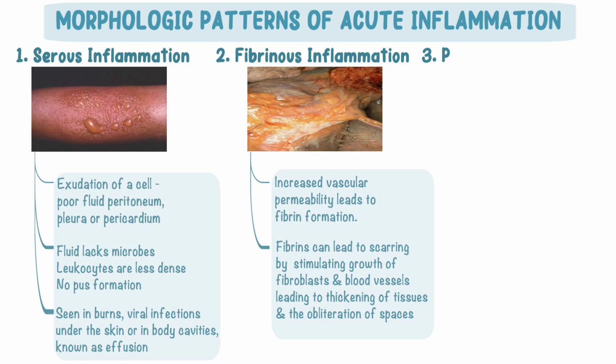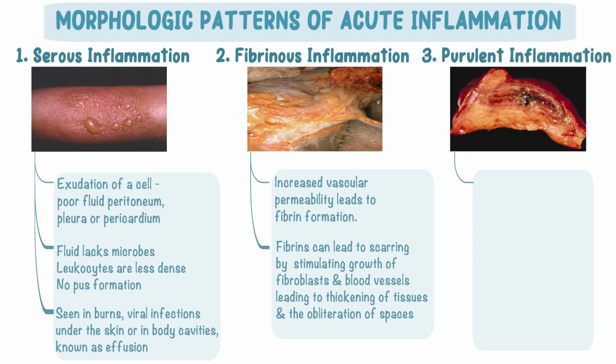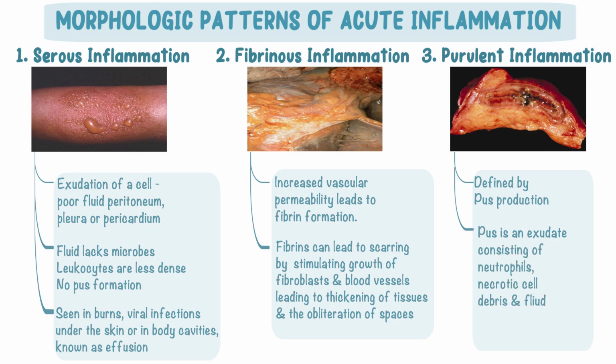Purulent inflammation is defined by the production of pus, which is an exudate consisting of neutrophils, necrotic cell debris, and fluid. This type of inflammation is typically caused by pyogenic, pus-forming bacteria like staphylococci, which lead to tissue necrosis. A common example is acute appendicitis.